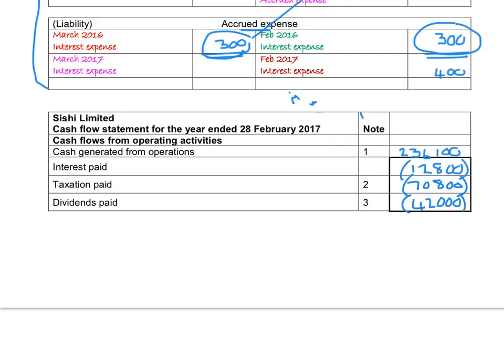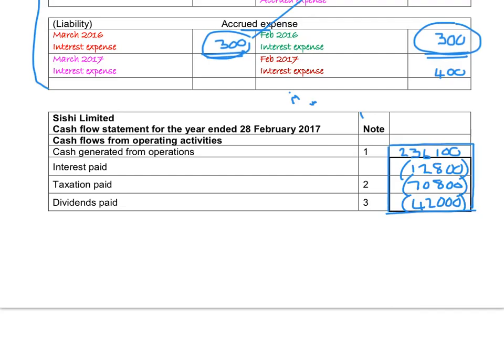So we will take into account the cash generated from operations, and we will subtract all these additional expenses that were paid to determine the cash flow from operating activities.